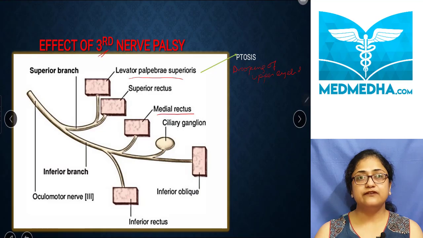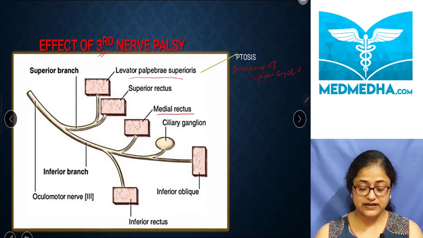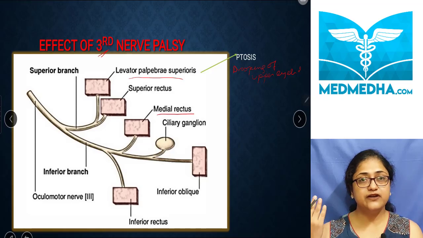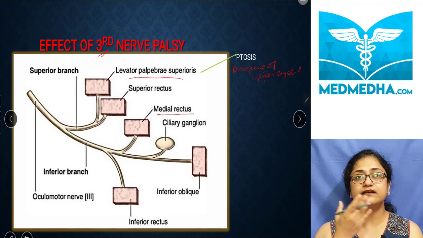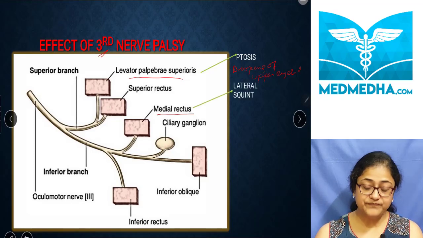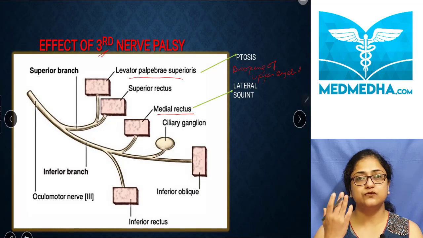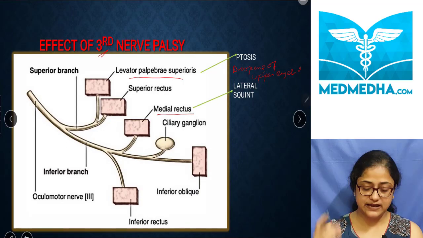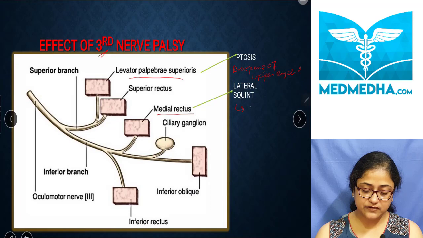As a rule, if one group of muscle is paralyzed, the opposite group takes the upper hand. When you ask the person to look medially, the lateral rectus will pull that eye to the lateral side. So, it gives rise to a lateral squint, which is because of the lateral rectus, supplied by the sixth nerve.